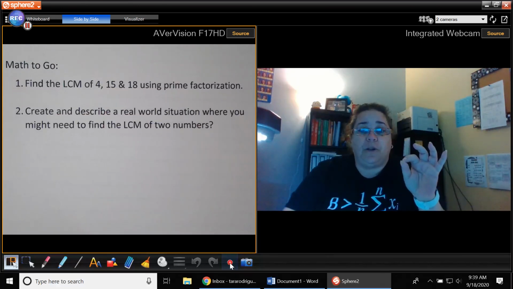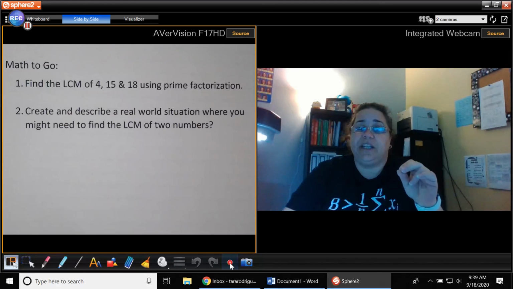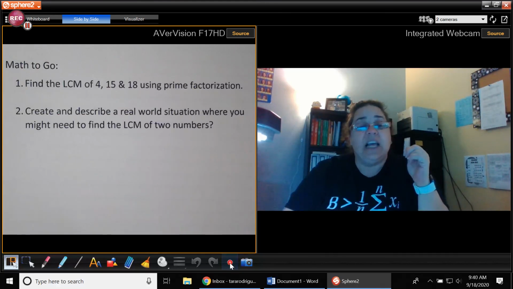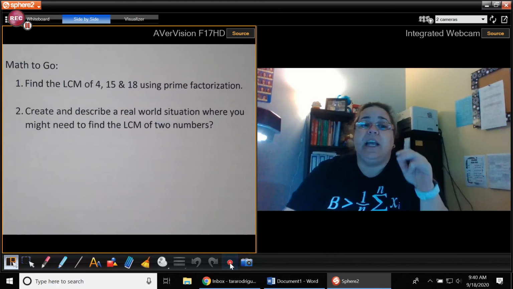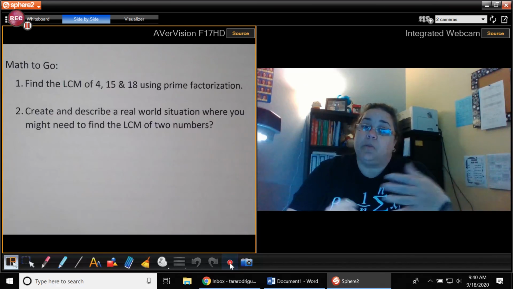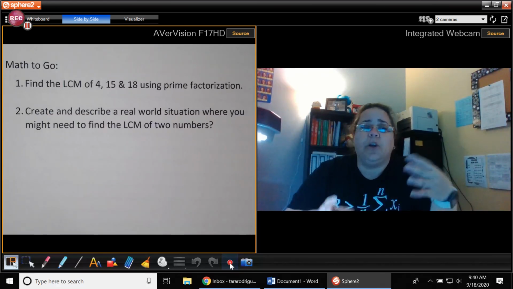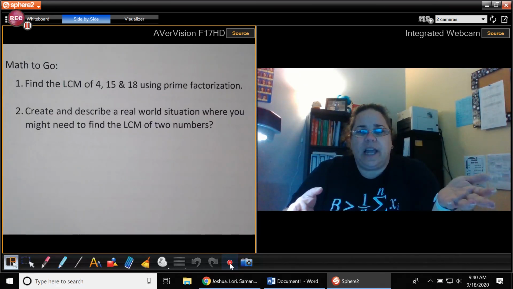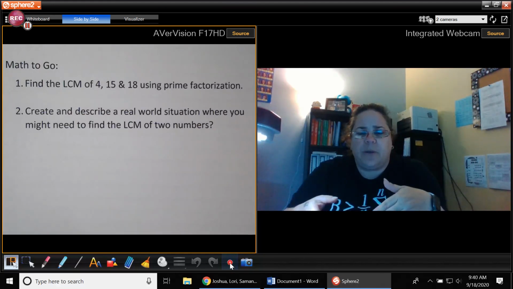The first part of your discussion board is you're going to find the LCM for 4, 15, and 18, and you're going to use prime factorization to do it, okay? I want you to practice that prime factorization. The second part of your discussion board is you're going to create and describe a real-world situation where you might need to find the LCM for 2 numbers, okay?